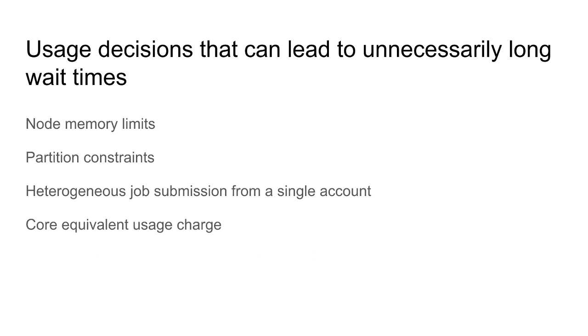For example, a very short runtime job on a single core with a very small amount of memory can often fit in little gaps right away on the system. But a very large memory GPU job has very few resources relative to that, particularly if it's running for a long time. So these two types of jobs being submitted by the same account can have an effect on each other. And this can result in very long wait times unnecessarily for the difficult to schedule jobs.